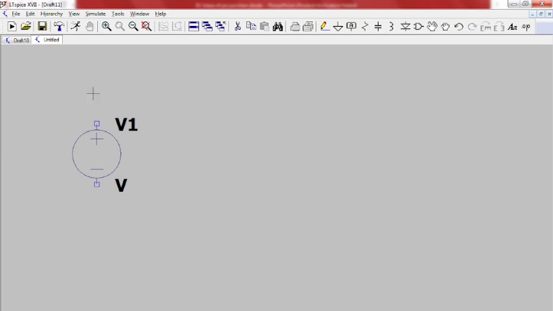Just right click, then it will come back to the normal position. We can scroll up and scroll down the mouse to zoom in and zoom out the circuit. Similarly, by pressing and holding the mouse left key, we can move the entire circuit.